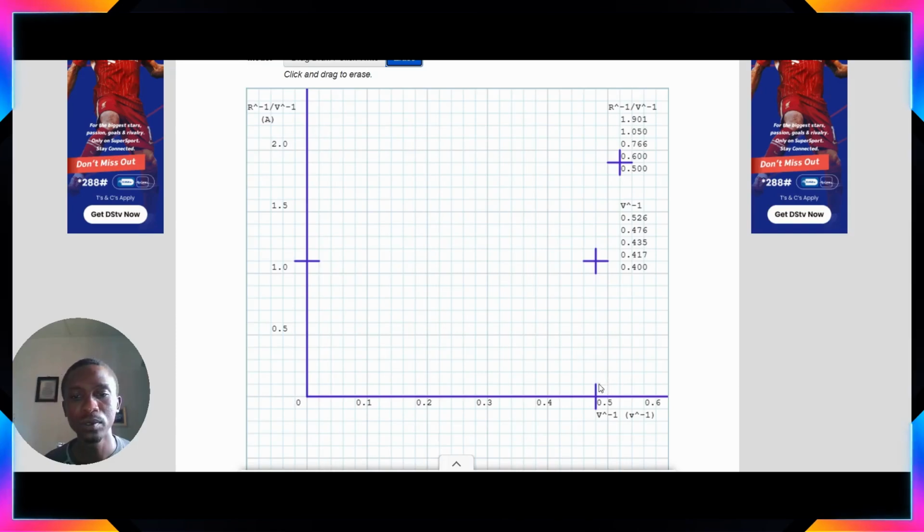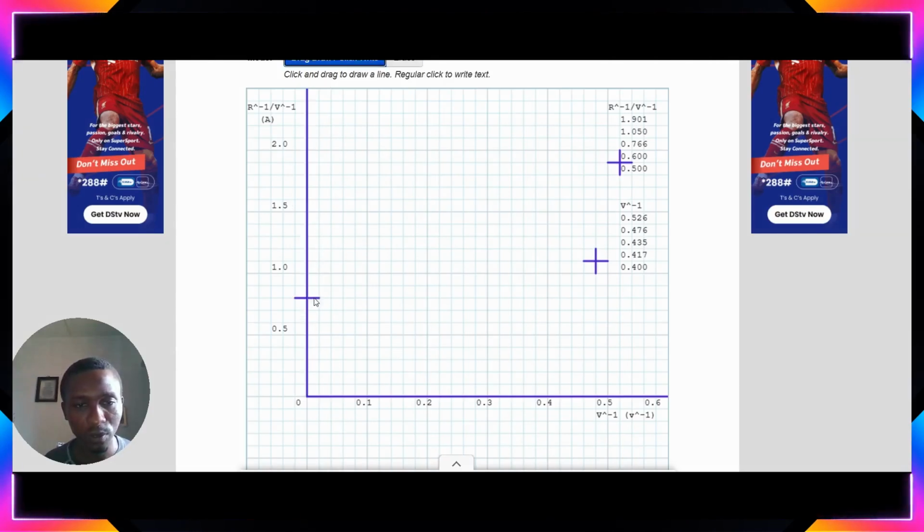Good. So the next one is when our R is 0.76, and that will be approximated to 0.8 on the graph. This is 0.5, 0.6, 0.7. So here is 0.8.